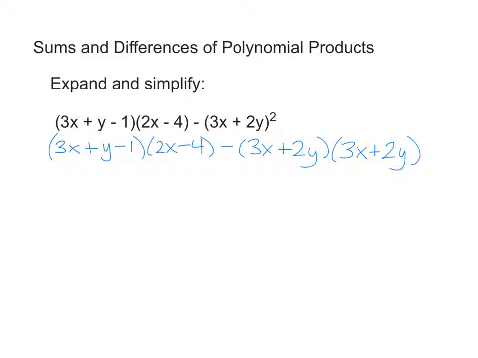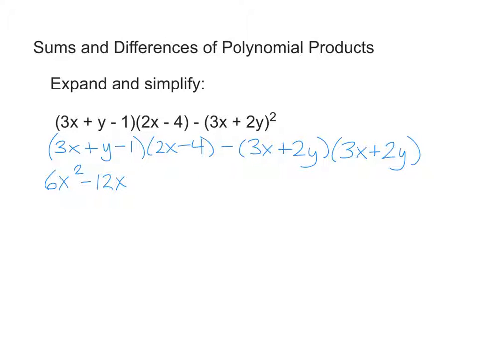Next step here is multiply. So I'm going to multiply this by this, and then this by this, 2 things kind of separately. It's like 2 of those questions that we were doing yesterday. I'll do 3x times 2x, that's 6x squared, and then 3x times negative 4, which is negative 12x. So I take the 3x, multiply it by both things over here.